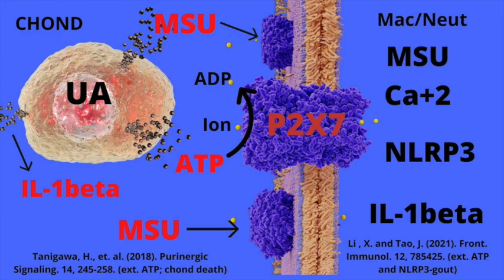And that membrane represents the membrane of a neutrophil or potentially a macrophage or one of the other innate immune cells. So in the chondrocyte, we have this perfect storm of events that we've now been talking about, where we have quantitative amounts of alcohol, glucose and fructose that have arrived at the chondrocyte.